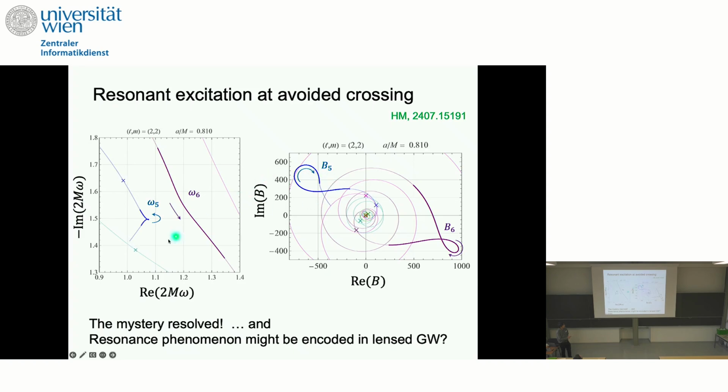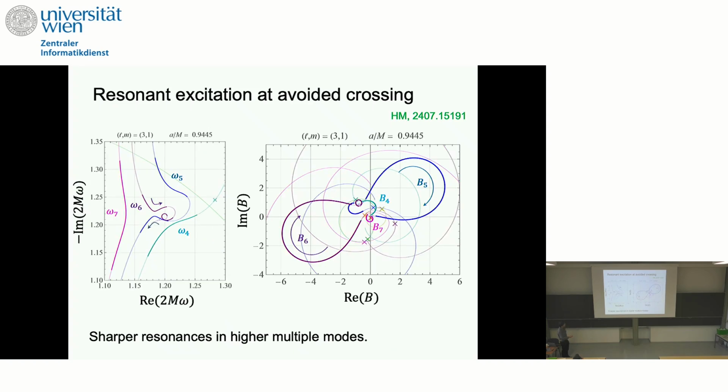So I think this resonance phenomenon might be encoded in the lensed gravitational waves. It would be interesting to explore the relation between this resonance and lensed gravitational waves. And this is a higher multipole case, where an even sharper resonance occurs.